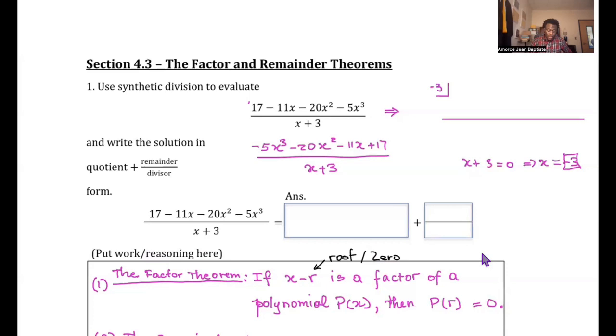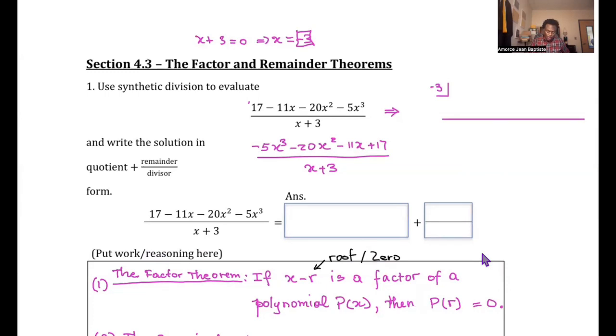Next in my setup, I list all the coefficients of my dividend next to this number in the box.